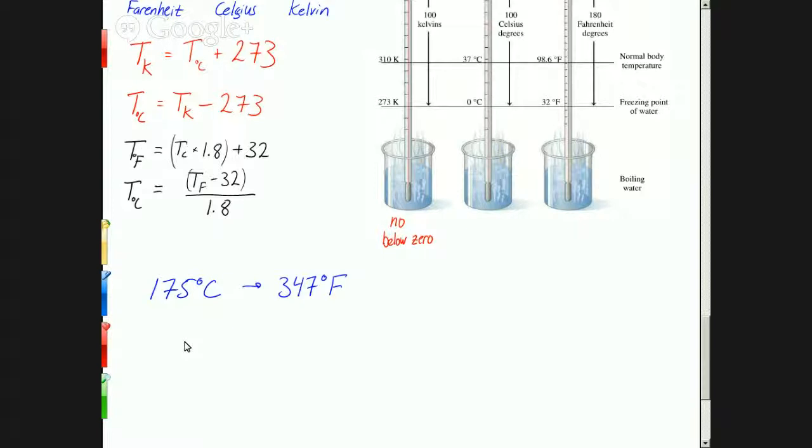Six. That's six protons. Yeah, I think that's right. Yeah, it's just the number of protons.